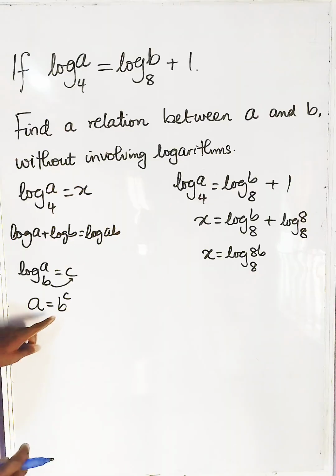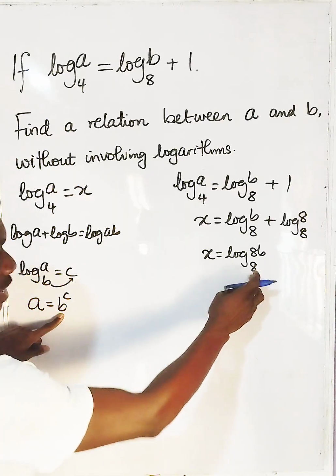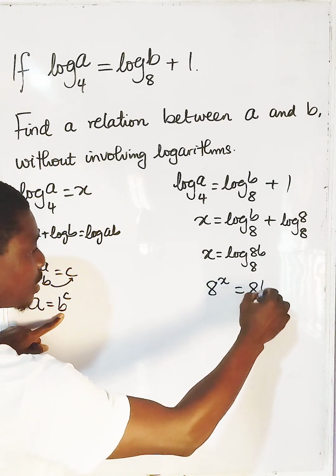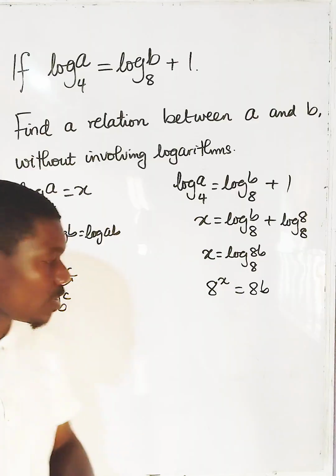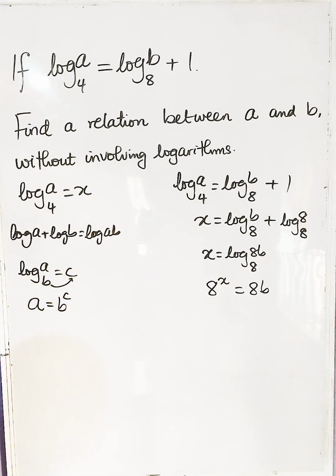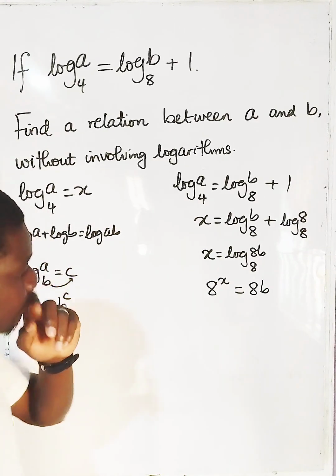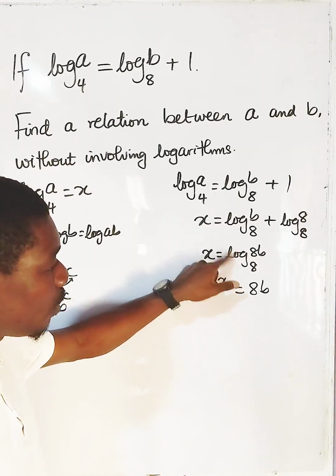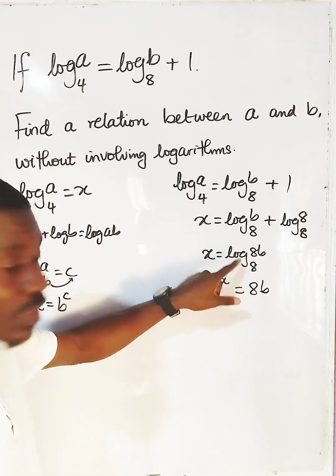Which means that 8 raised to x equals 8b. So we've now removed the log.